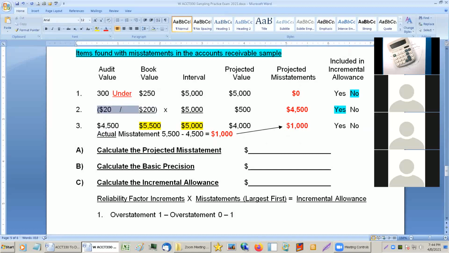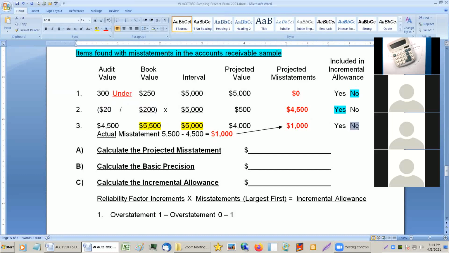That's the actual. It gets projected to be $4,500, but the actual amount it is off is 180. Whereas this one, the actual amount is off by 1,000. We're going to use that 1,000. Why? It covers the entire interval, and nothing else could go wrong in that interval. It's completely covered by this book value item.